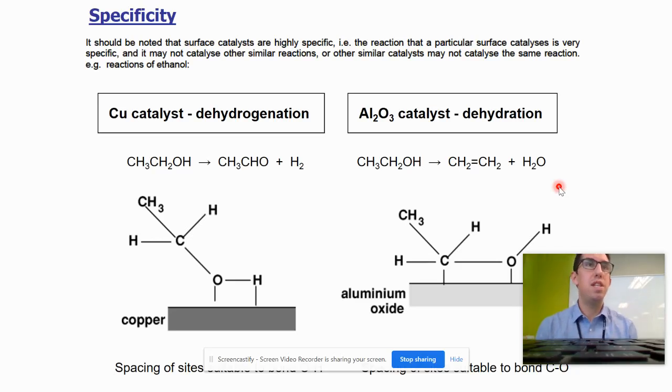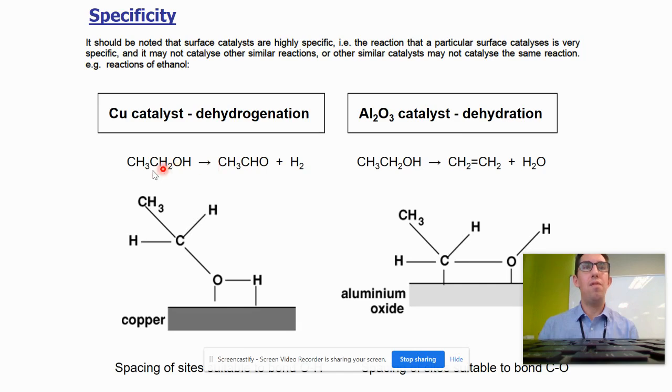Okay, so specificity. It's noted that different catalysts are highly specific. So a reaction that may be good for one catalyst is not necessarily good for another. The reason this works is shown down here. For example, copper is able to form interactions with oxygen and hydrogen like this, holding it in the right position for, say, that bond there to break.